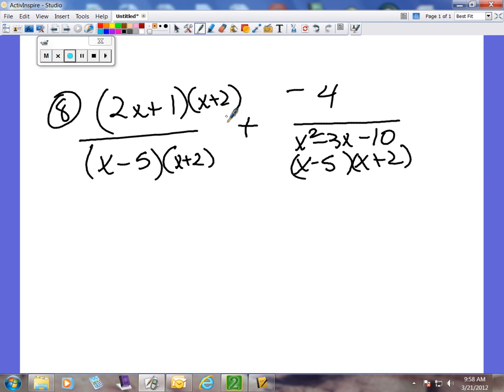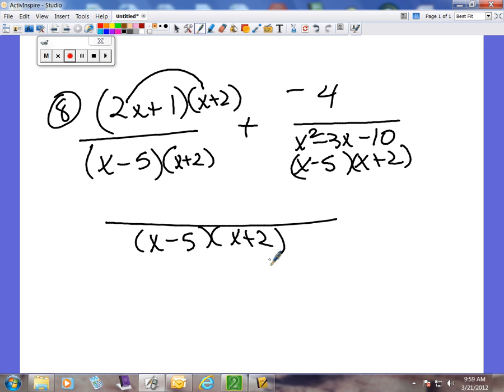On the top of the first fraction, we're FOILing. So we have 2x times x. Let's write our denominator here. So 2x times x. And then don't we have 2x times 2, plus 4x, 1 times x plus 1x.